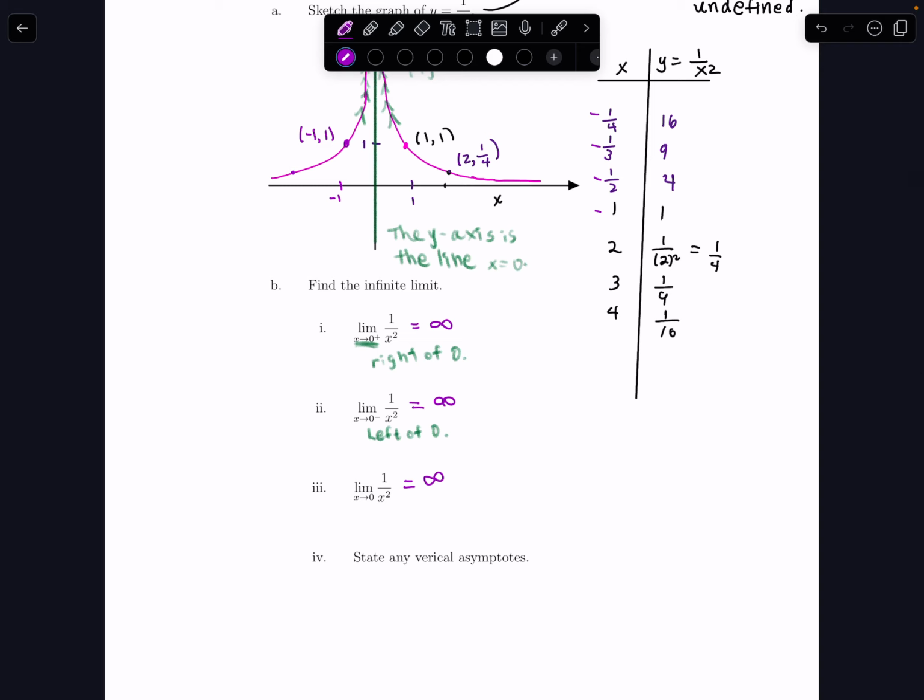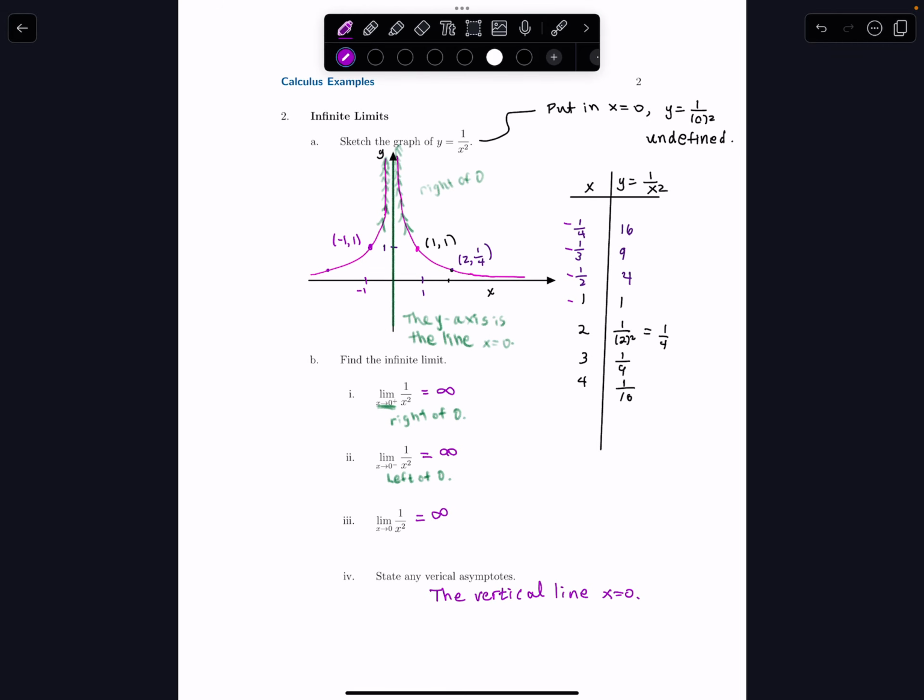Yes, there's a vertical asymptote, which is the vertical line x equals 0. All vertical lines are expressed in the form x equals a number. So the y-axis is the line x equals 0.